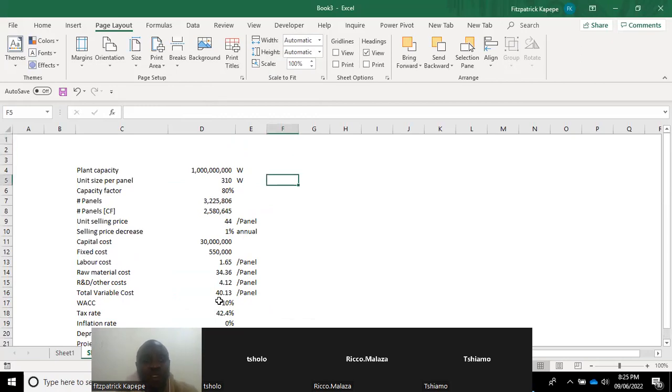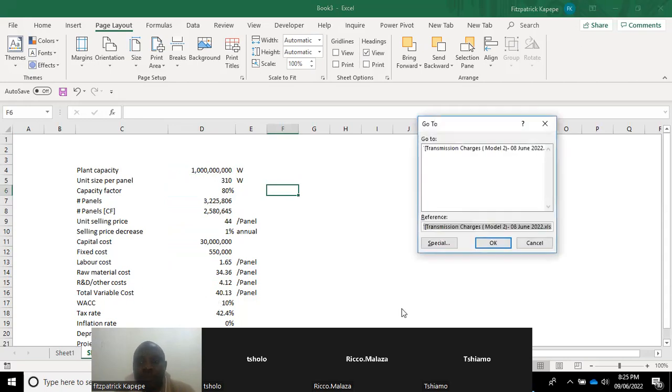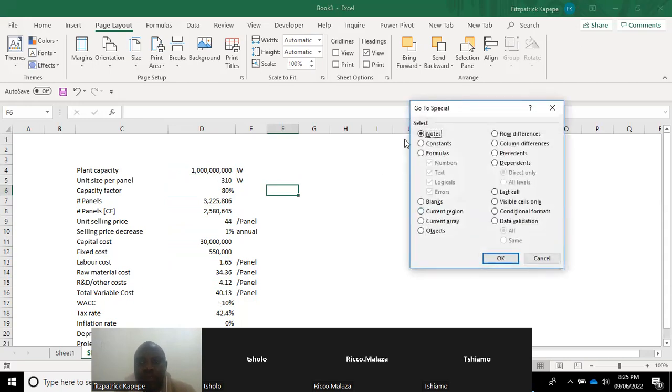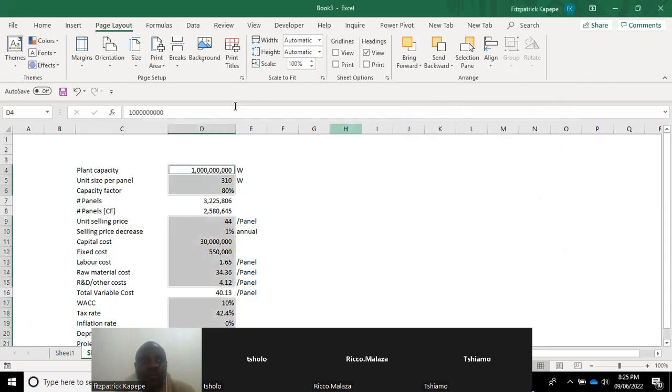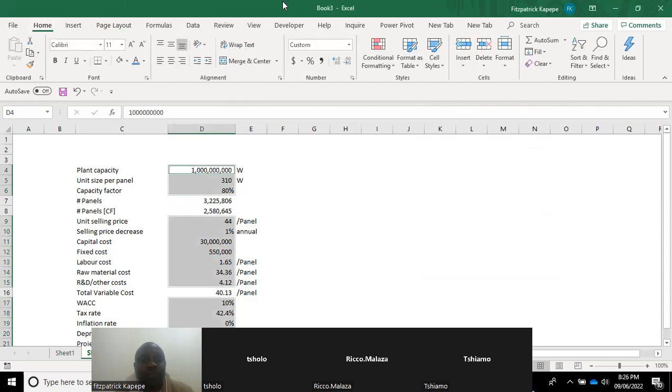So as a financial modeler, I always want to have these coded, because it's very difficult to know which ones are hard-coded and which are formulas. So I'll press Ctrl G, then go to Special and select constants. You don't need to do that in the exam.